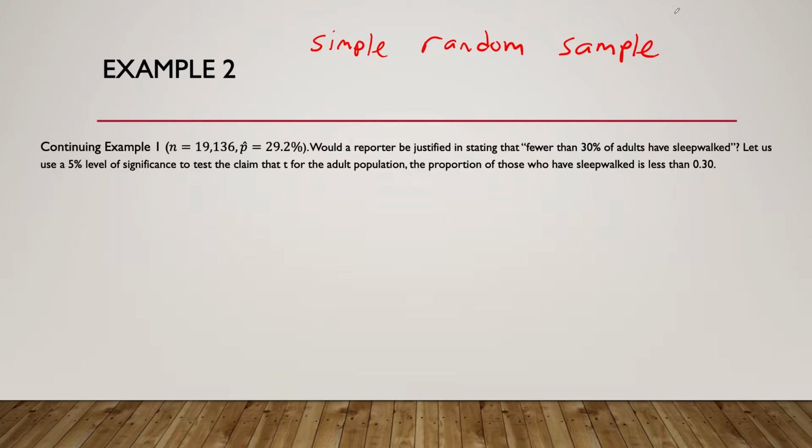We had that simple random sample, and it's binomial. Since we had that 19,136 trials, they're independent. We had specific success and failure rates, and neither of which changed based upon the experiment occurring.